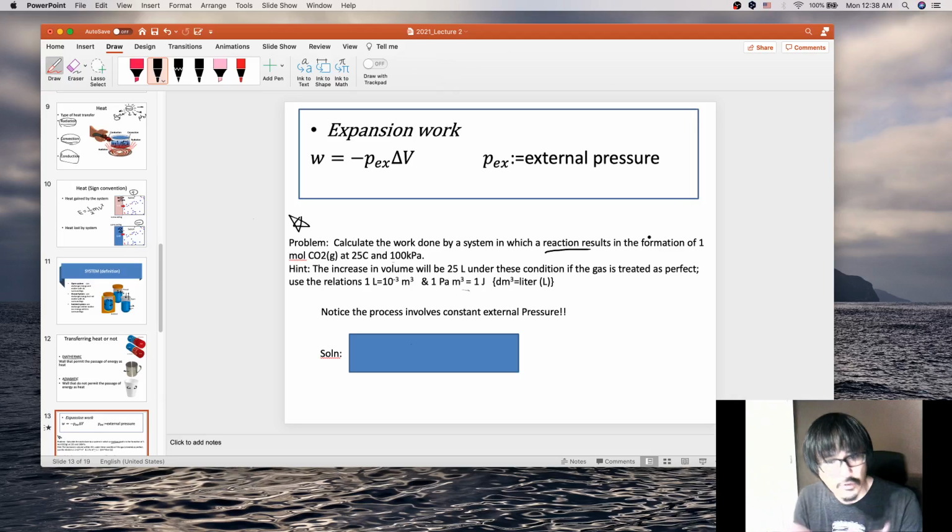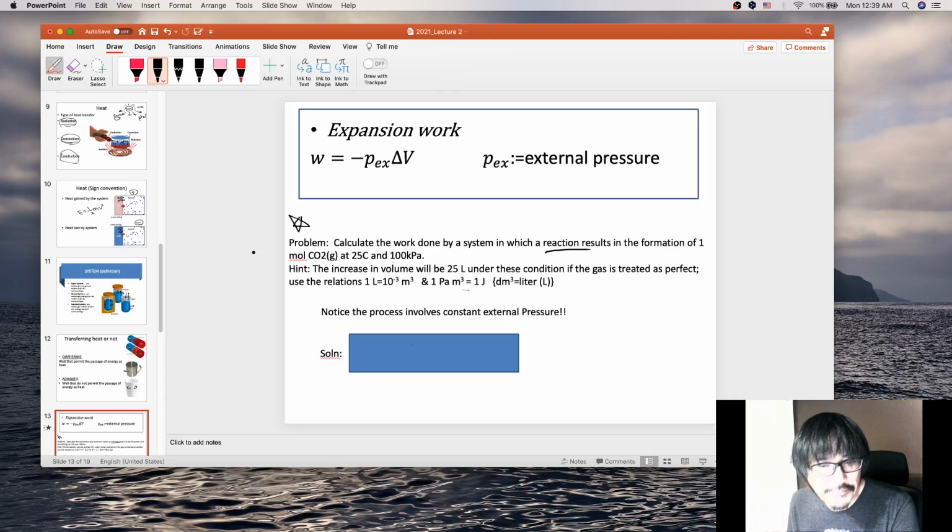And the formation of the extra 1 mole of gas at 1 atm is probably close to 25 liters. So we assume that it increases the volume by 25 liters.